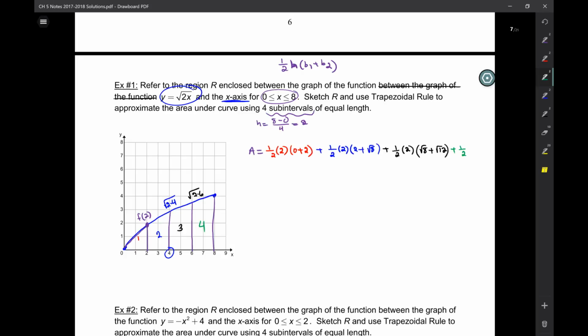Okay, take a look here. Look at trapezoid 3. This is base 1, this is base 2. Base 1 is at 4. I plug 4 into my equation. The square root of 2 times 4 is the square root of 8. Here it's 6, the square root of 2 times 6. Okay? And then the last one is half times 2. Base 1 is root 12 plus 4.